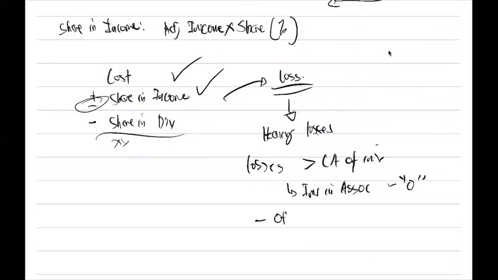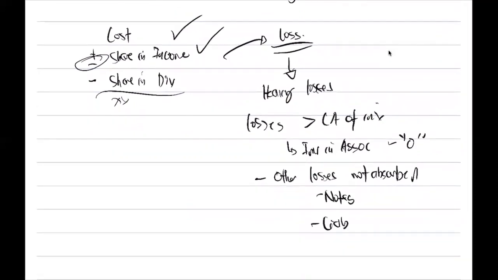The other losses not absorbed will be presented in your notes, and you can present it as a liability if there is a legal obligation. But if there's no legal obligation, you present it only in your notes that there is an excess loss that is not absorbed by your investment.